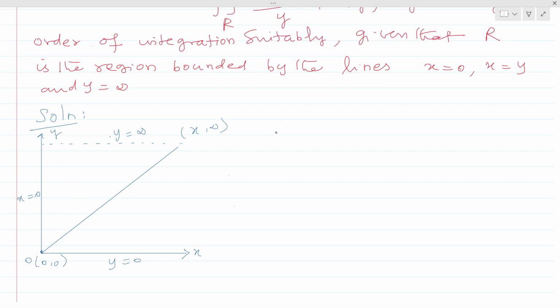In case 1, we wish to integrate with respect to y first.